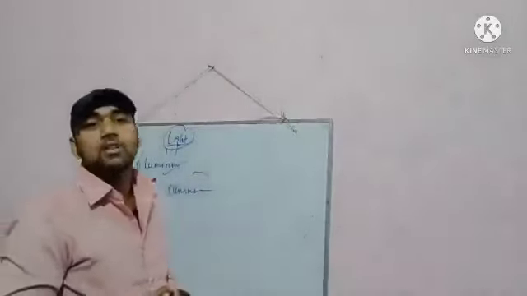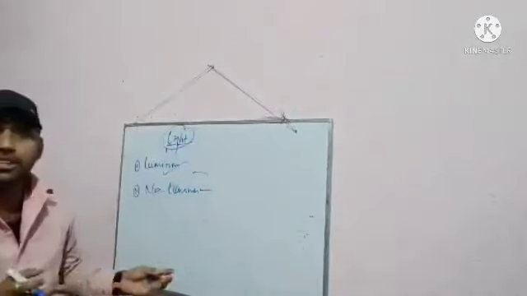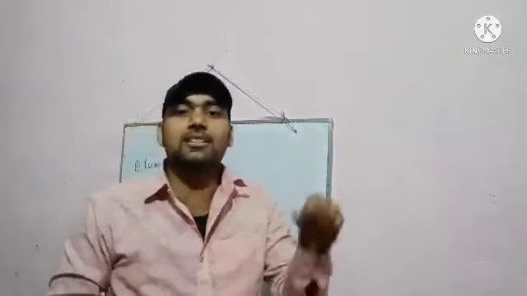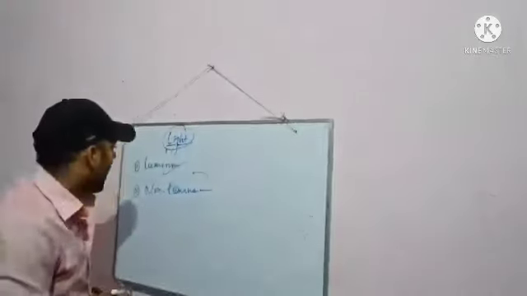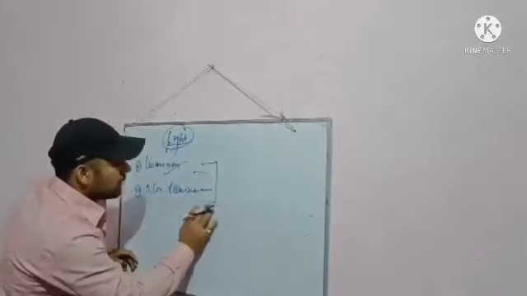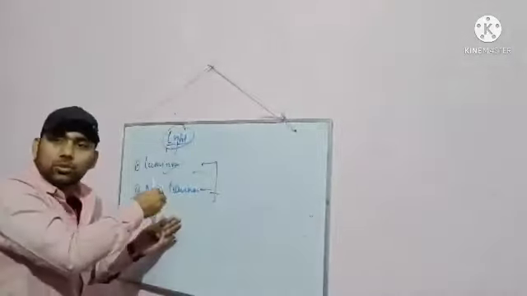And second is non-luminous object. The object that doesn't emit its own light is called a non-luminous object. For example, there is a marble in my hand. It is also an example of a non-luminous object. Now, these two are the sources of light.